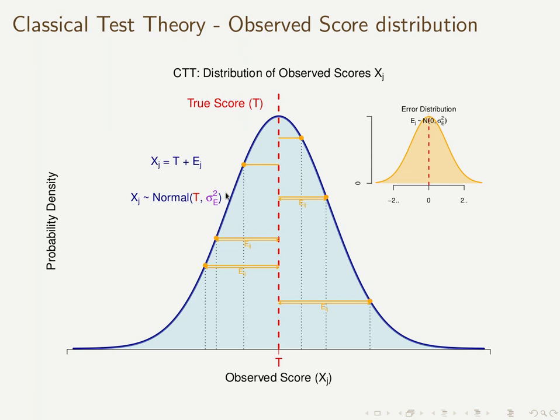In other words, if I were to keep sampling observations from this error distribution here, and I collect many of them, what would be the expected average?